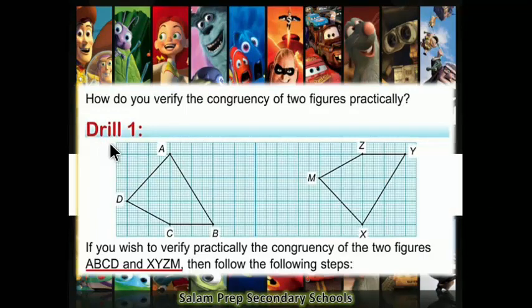Let's begin together, drill 1. There are two shapes.